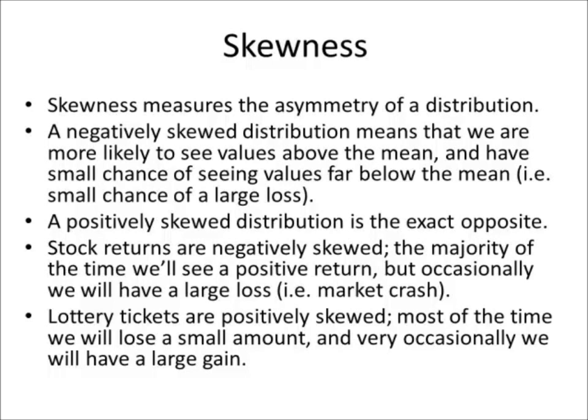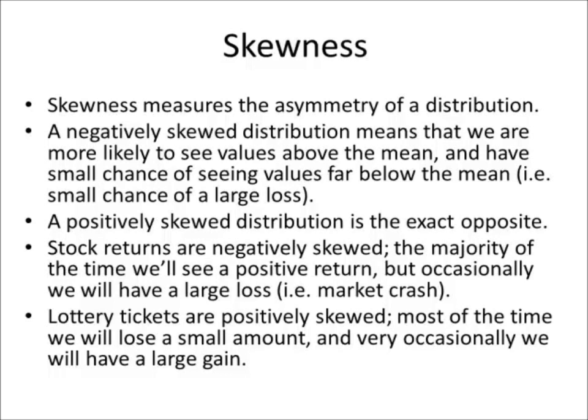Let's go back to our definition. Our definition says that in negative skew, we are likely to see values above the mean, and there's a small chance we'll see values far below the mean. And this makes sense. If you look at the way stock markets perform, you'll see that most of the time, on average, they tend to go up. But occasionally, once in a while, we have a large loss, i.e. a market crash.